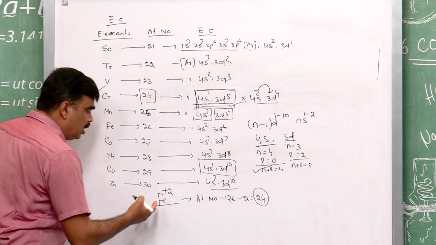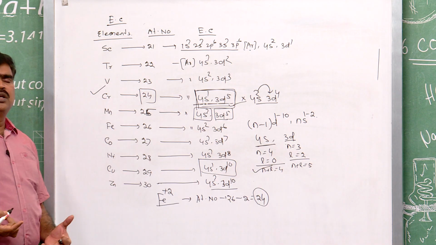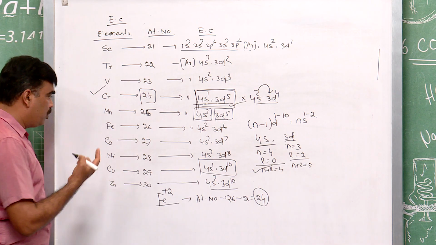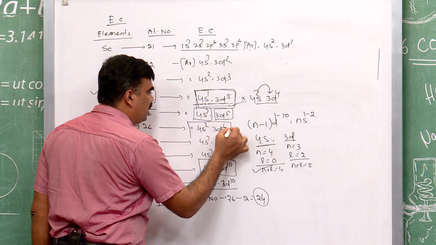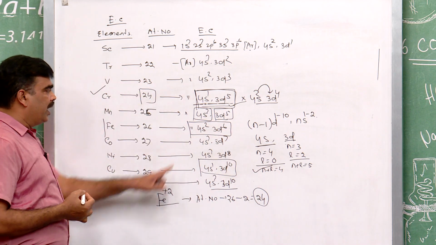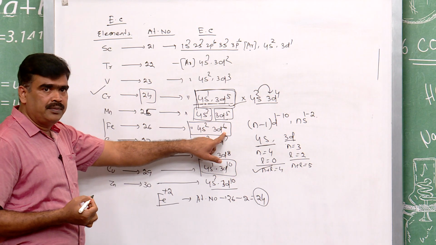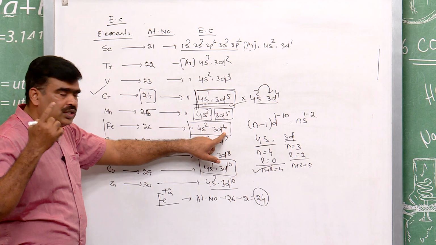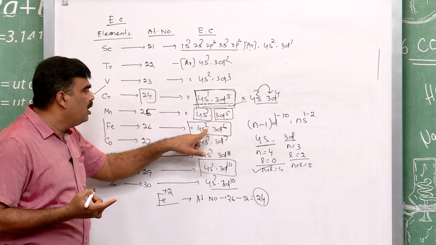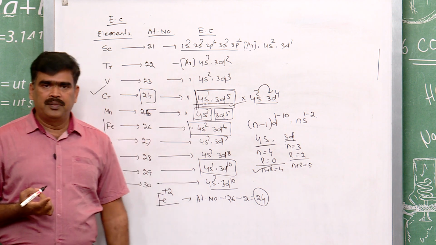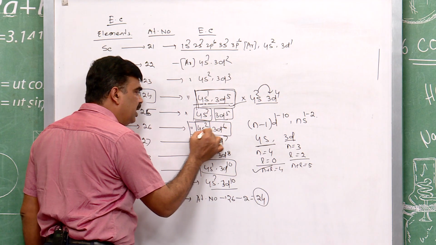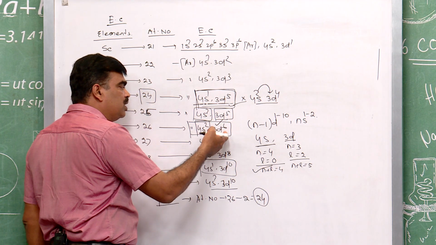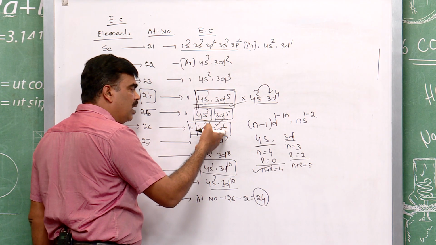How will you write down the electronic configuration of a cation? You have to write down the electronic configuration of its atom first. Here the atom is argon 4s2 3d6. Now the electrons that go will go not from 3d but from 4s. Because 4s is the valence shell, 3d is not. Although the electron is filled there last, it is not the valence shell.